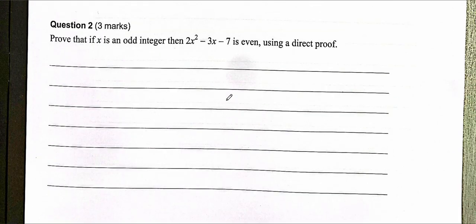Question 2. Prove that if x is an odd integer, then 2x squared minus 3x minus 7 is even. So we're going to let x is equal to 2k plus 1, where k is an integer.